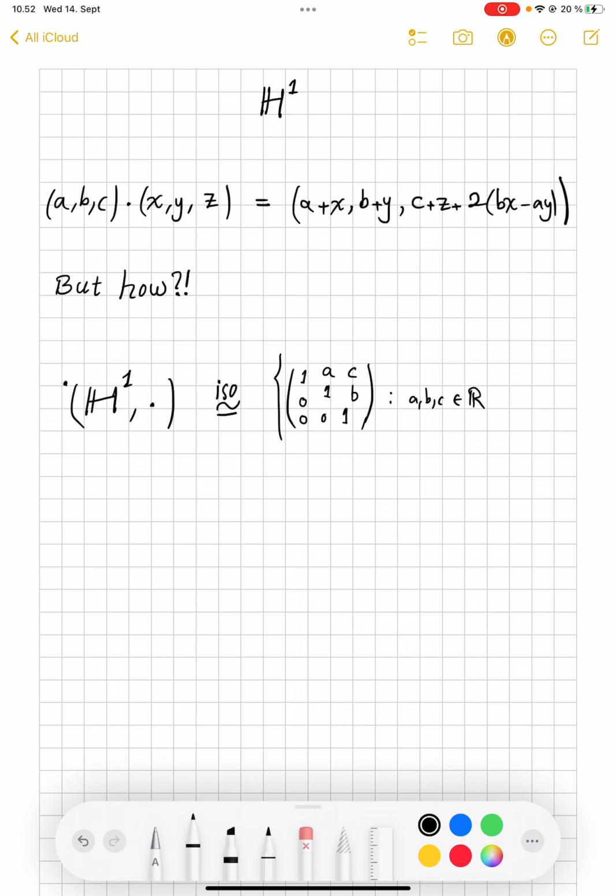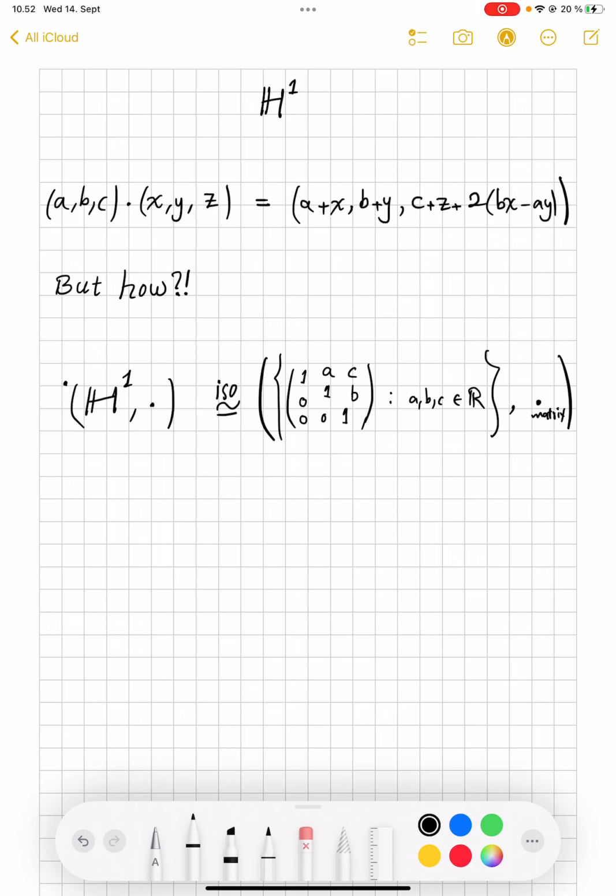As a set, this is in bijection with R3. And then with the usual matrix multiplication, the very way that you multiply matrices in the usual sense.